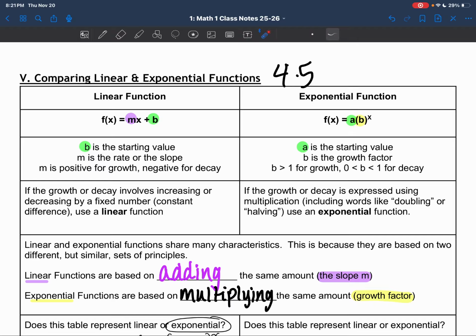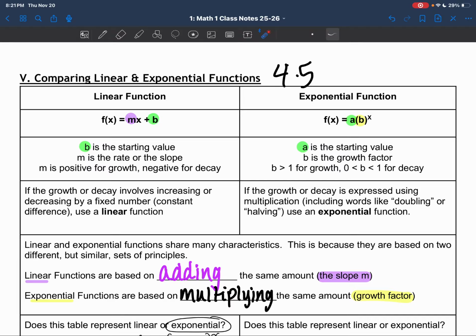Now for exponential functions, that's where you have y equals a times b to the x power, or f of x equals a times b to the x power. So in this case, a is your starting value, or your y-intercept. B is your growth factor, so that's your rate.